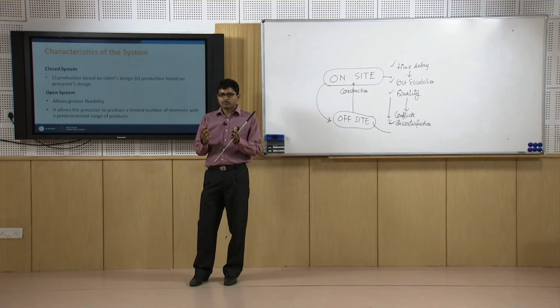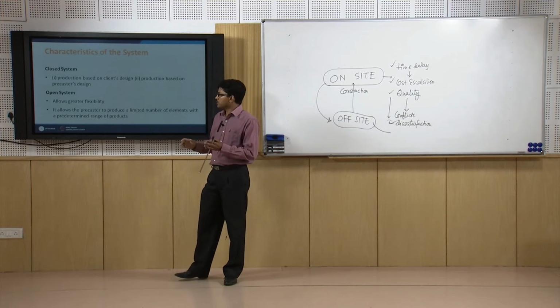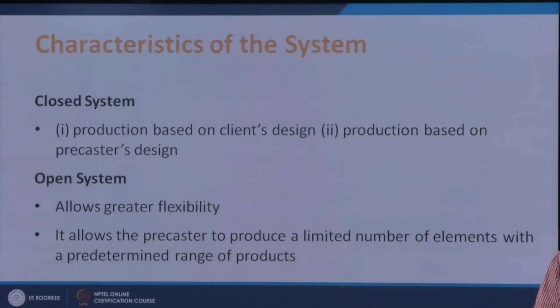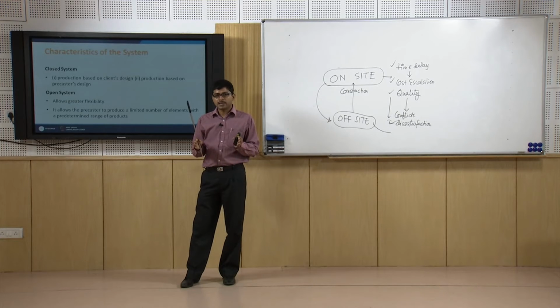So, so many options may not be possible, a limited number of options are possible, and compatibility is the issue. But the advantage of the open system is that it offers flexibility and it doesn't encourage a monopoly.